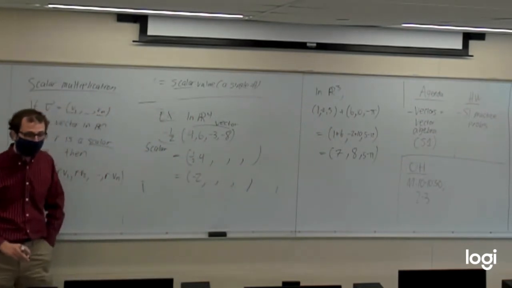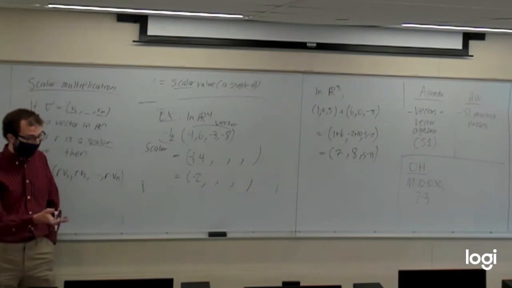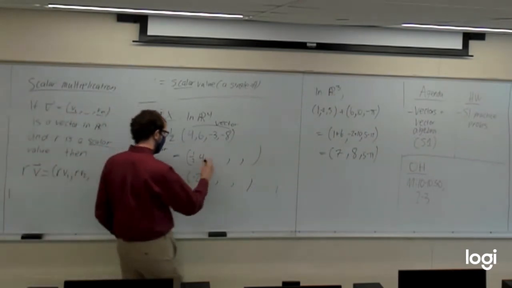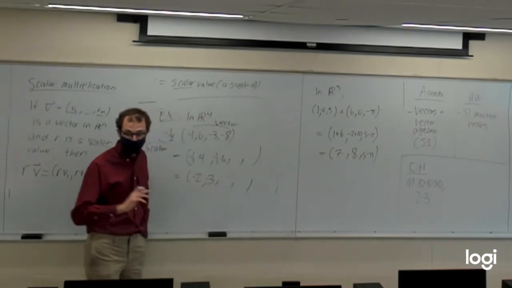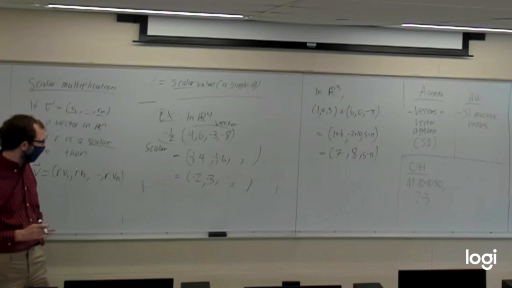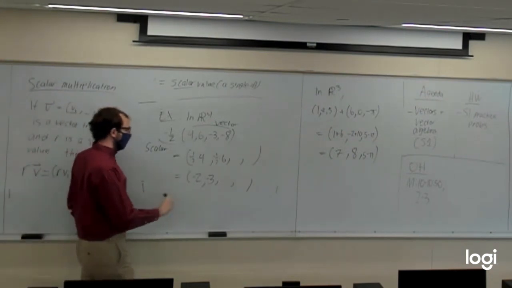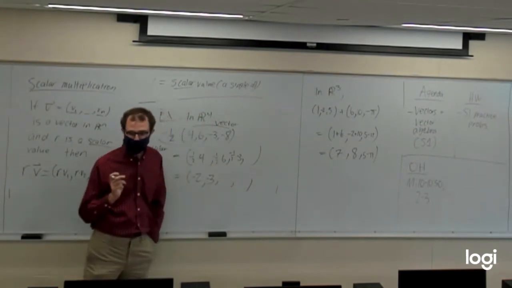Second coordinate? -3. We get -1/2 times 6, which is a -3. Third coordinate? Positive 1.5, because -1/2 times -3 is going to be a positive 1.5.